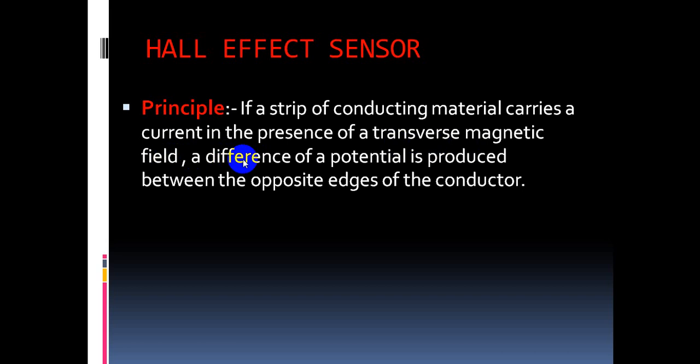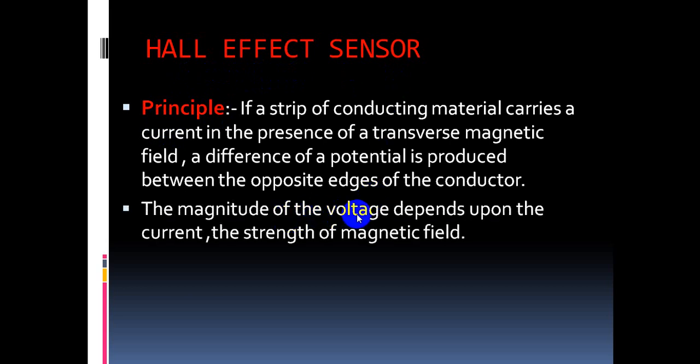Then a potential difference is produced between the opposite edges of the conductor, which is also perpendicular to both current carrying direction and magnetic field direction. So this is the principle of Hall effect sensor.